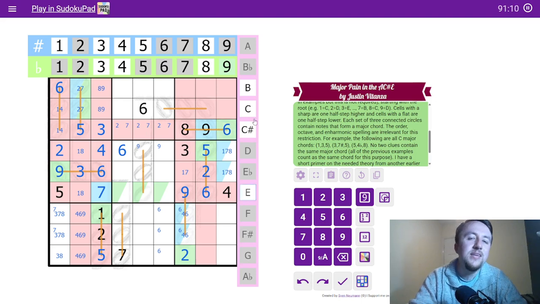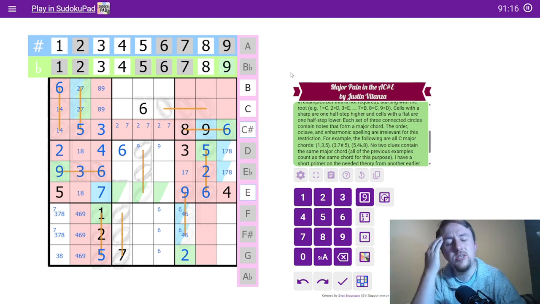Right, oh no, E is one of the ones where we don't know if we're going to have it because we could have C sharp instead. But we must have B. Yeah, I'm less inclined to think about it now that I've remembered we don't actually need the chord E.